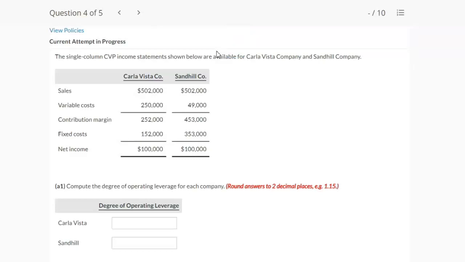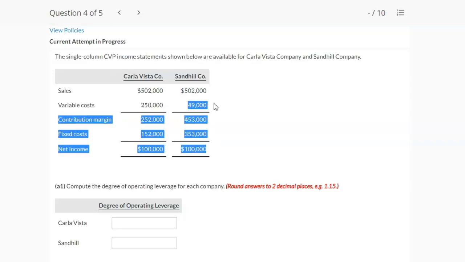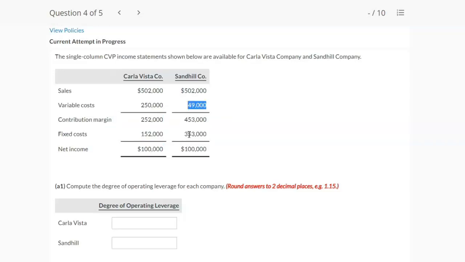Now, all right, we're at the cost structure now. The single column CVP income statements shown below are available for Clara Vista Company and Sandhill Company. Notice the sales is the same, the profit is the same, but the variable costs differ. The total costs are the same. You add 250 and 152, you get 402.